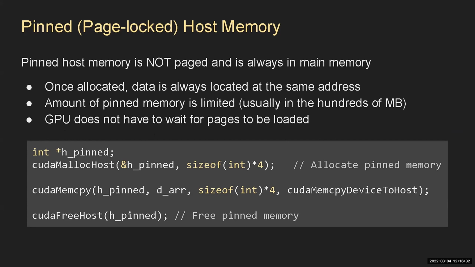Then memcpy is exactly the same. You just treat it like host memory and use the same function call, the same arguments, all that. And then to free it, instead of the normal call to free, we use cudaFreeHost, and we provide the memory there. So that is pinned memory.